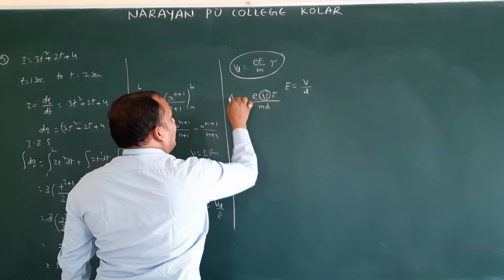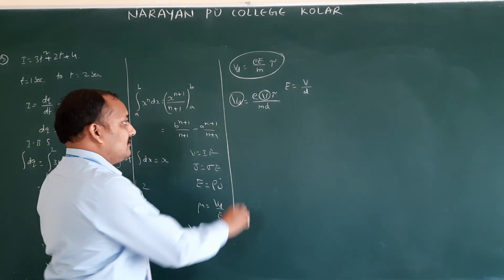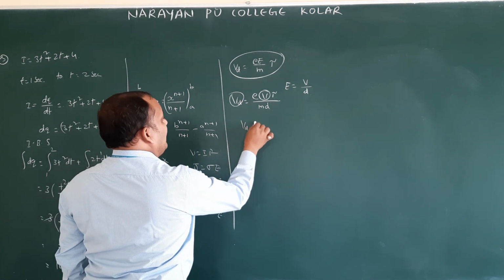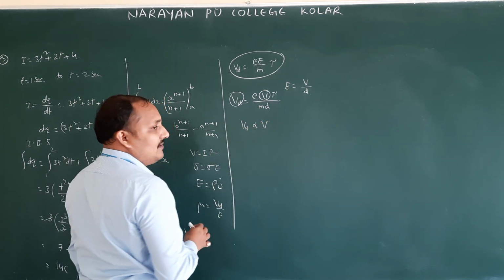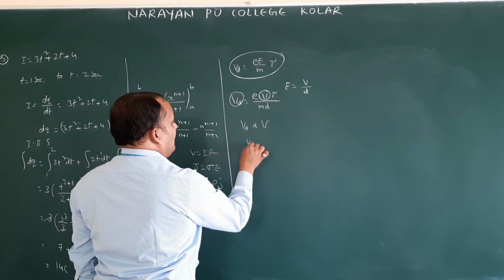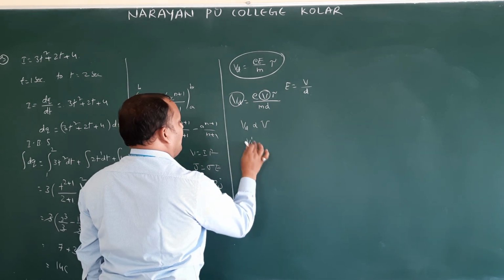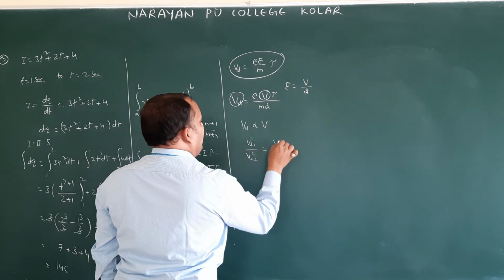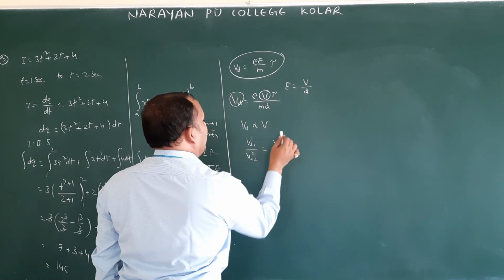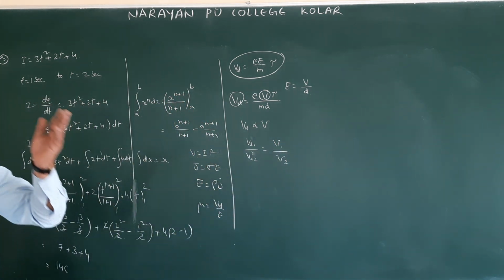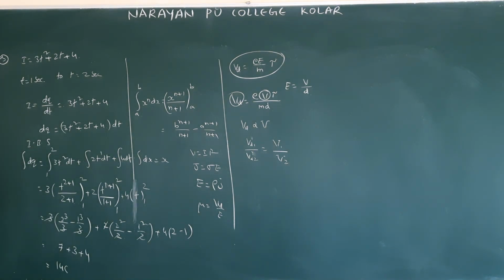So this V is potential. This Vd is drift velocity. It is directly proportional. Vd is directly proportional to V. So Vd1 by Vd2 is equal to V1 by V2. This is the form. Now potential they are reducing to half.